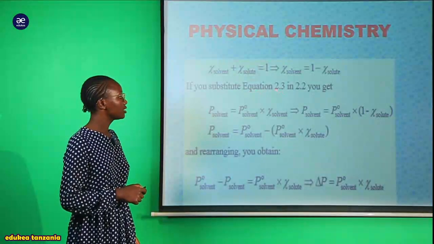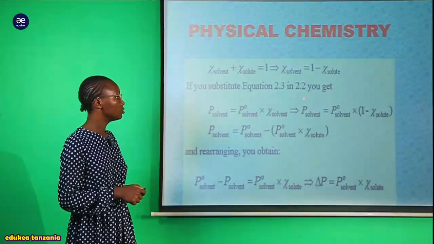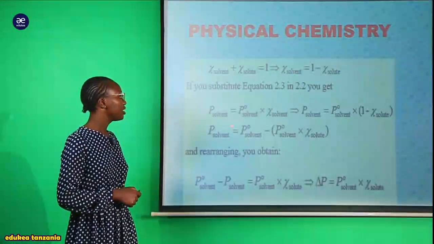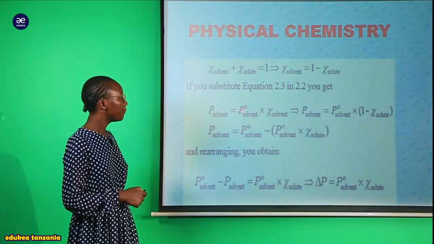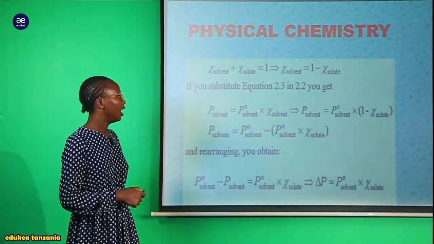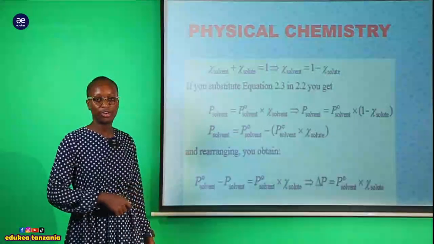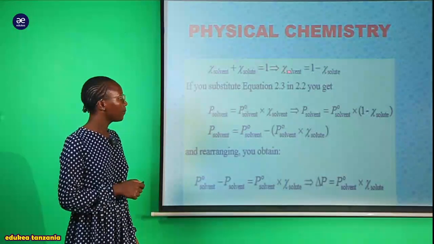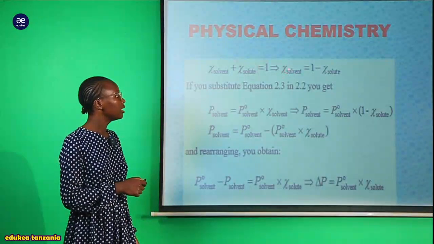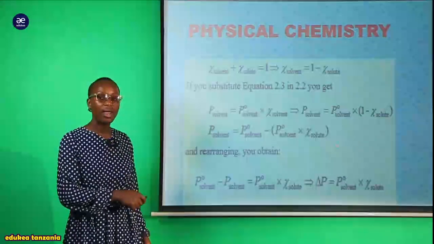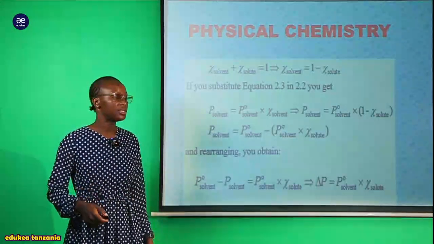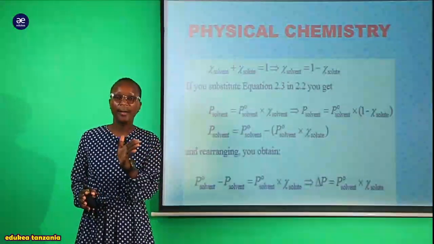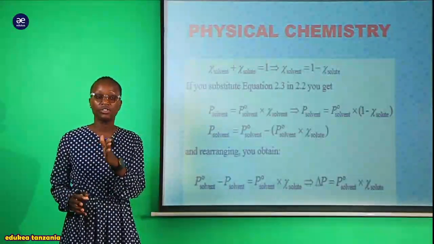So if you substitute equation 2.3 into 2.2, you get this one. Sasa tunakuja kwenye ile equation yetu ambayo tulisema kwamba pressure of the solvent sasa na pure vapor pressure mara mole fraction of the solvent. Sasa tunakuja kuisubstitute. Kama mole fraction of the solvent sasa na 1 minus mole fraction of solute, maana yake sehemu ambayo kuna mole fraction of the solvent tunaweka 1 toa mole fraction of the solute.